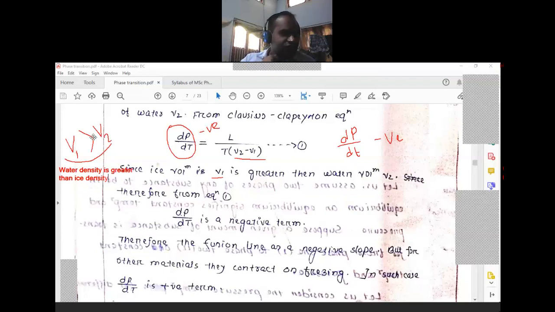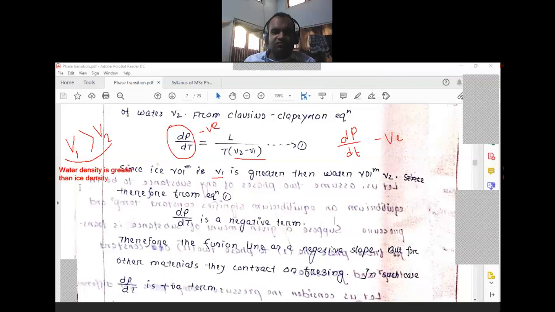Therefore, if the density of ice is lower than that of water, the volume will be greater than the volume of water. In other words, if there is a phase transition from ice to water, the volume is decreasing. That means ice volume is greater than water volume.